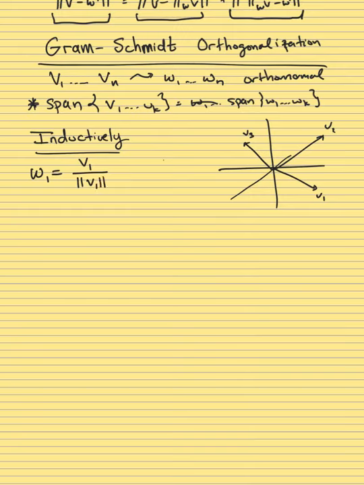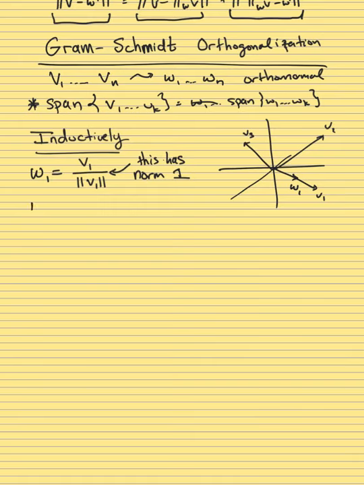Obviously, when you take the norm of this, notice this is just a rescaling so that this has norm 1. So w1 is, say, here. That's a nice little trick to know.